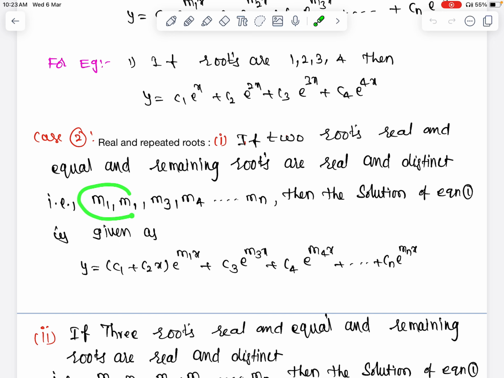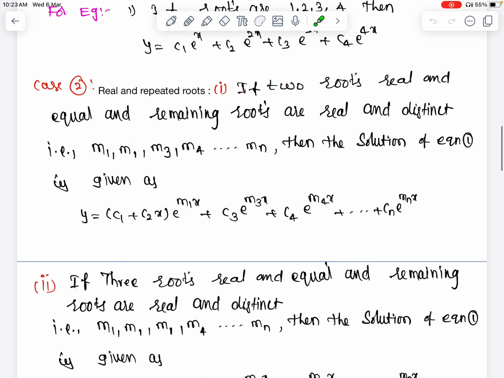Here only the first two roots are repeated. Then the solution is y = (C1 + C2 x) e^(m1 x). That is the solution for repeated roots.